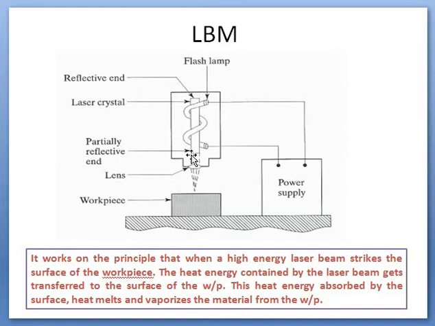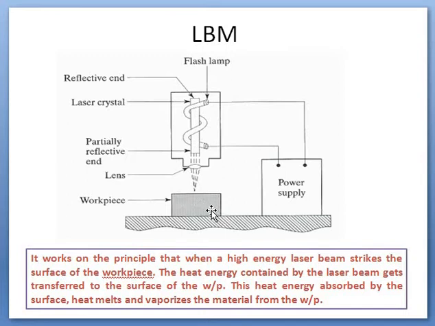This laser crystal has two ends: the first is a reflective end, and the other is partially reflective. At the end of this container we provide a concave lens that concentrates all these laser rays at a single point, and that laser impinges on the workpiece.